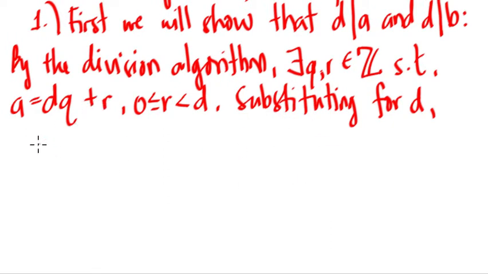I want to get R, so transposing DQ to the other side, R is equal to A minus DQ.